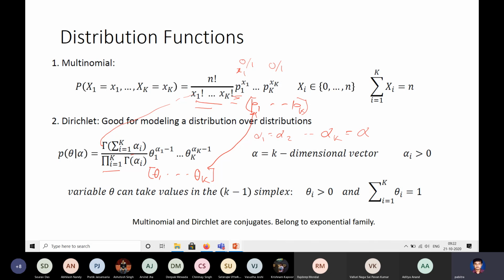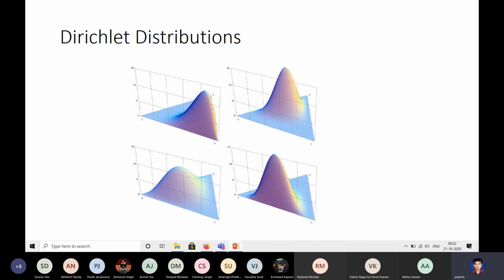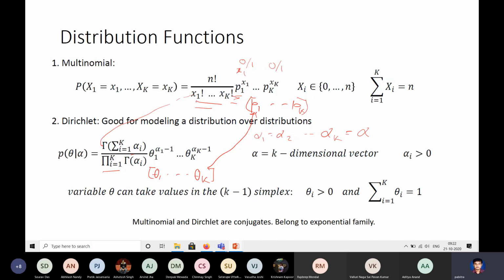If you use MATLAB or Python to plot this, you will see the shape comes out like the ones that I have shown. Anything exponential would look like a Gaussian. The good thing is that both multinomial and Dirichlet are exponential distributions, and any two members of the exponential family are conjugates to each other.